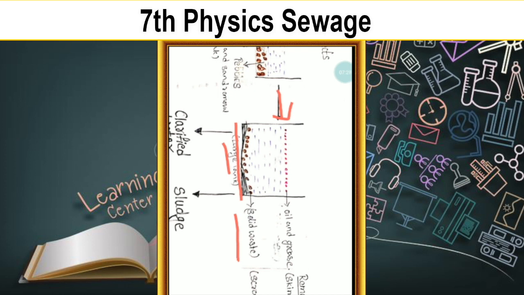And the lighter material, that is oil and grease, will float on the water. So here there are two things: solid waste settled at the bottom, and oil and grease floating on the surface of the water.